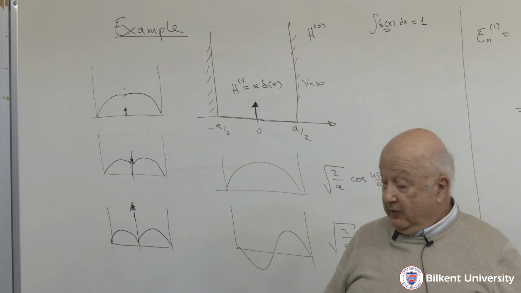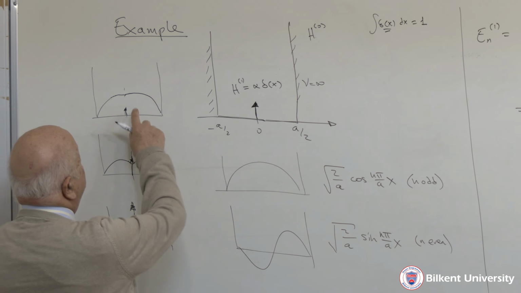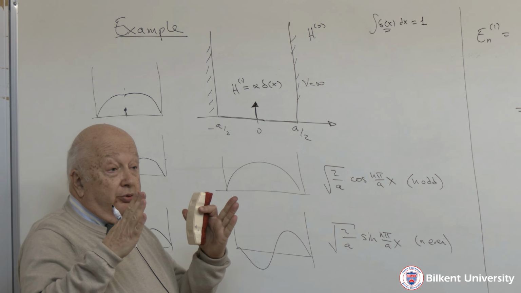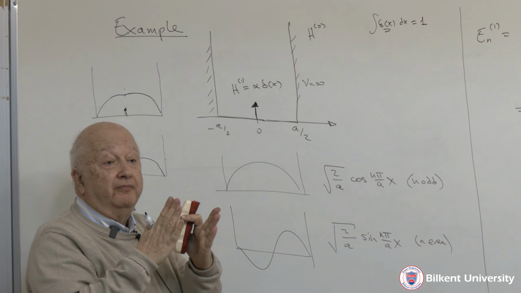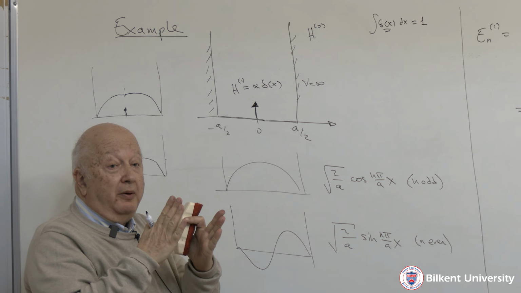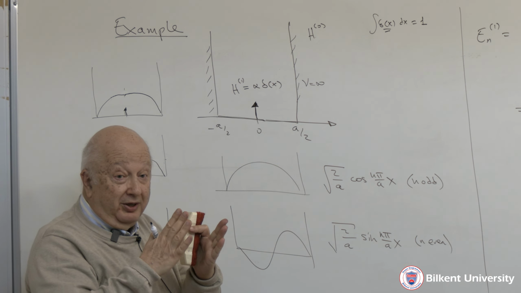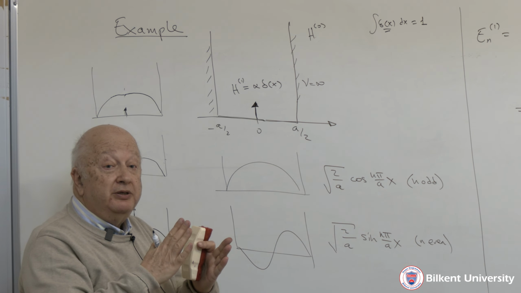Now, let me go back to the original problem. If I try to squeeze this wave function into a smaller space, what will happen? Will its energy increase or decrease? Increase, right?